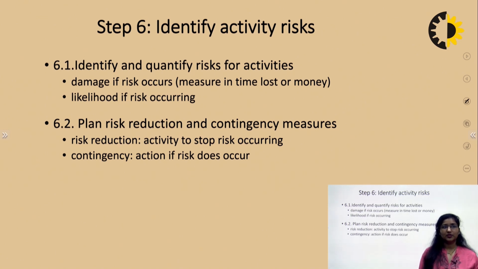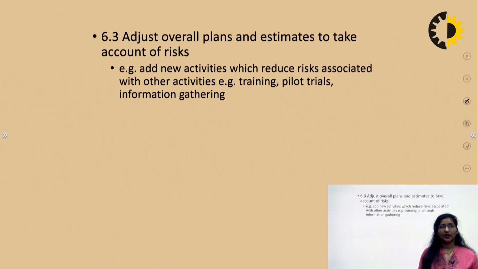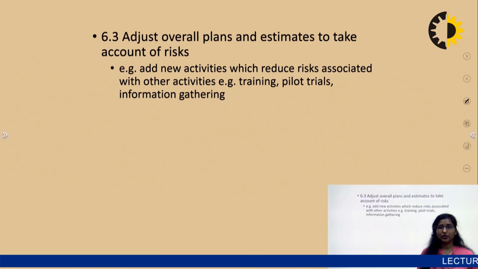Risk reduction is an activity to stop the risk occurring, and contingency is the action if the risk does occur. So we adjust the overall plan and estimates to take account of the various risks. For example, we add new activities that reduce the risk associated with other activities, like training, pilot trials, information gathering, etc.